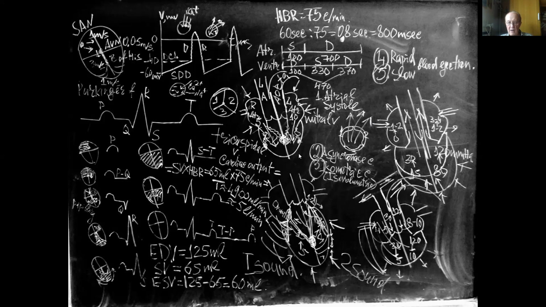During this period, the pressure in the atria starts to increase a little bit, here from 0 to 1, 2, according to the movement of blood from the veins. And here from 1 to 2 to 3 to 4.